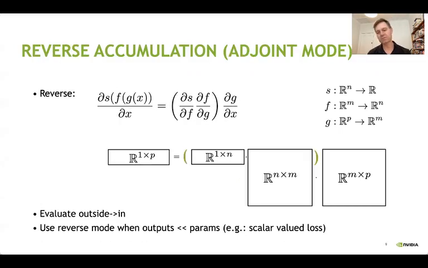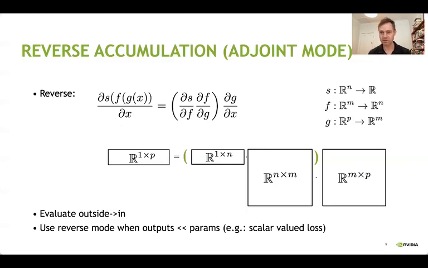And that's where we turn to the reverse mode or adjoint mode. And sometimes this is also just backpropagation by another name. But here you can see we've put the brackets around a vector-matrix product. And when we do that, it means we only have to evaluate matrix-vector products, and that's much cheaper than the alternative.